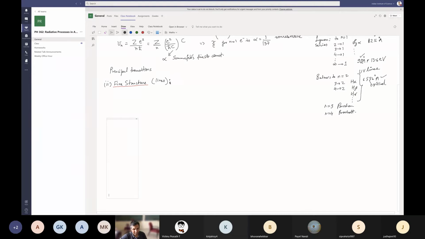So this is splitting of levels. In Stark effect you have an external electric field which is imposed, and that's the perturbing Hamiltonian. Here, this happens in absence of any external fields. It's not like Zeeman effect or Stark effect, right? So LS coupling you have heard of?